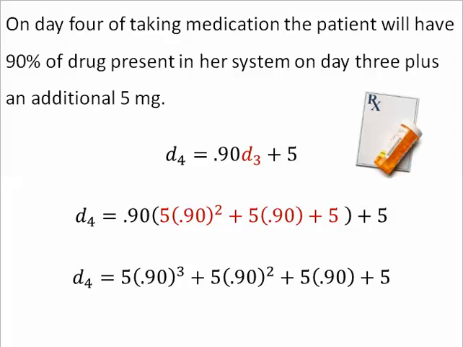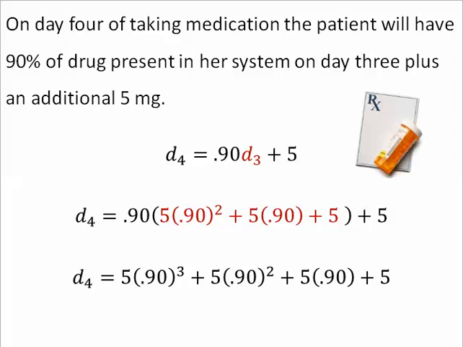D sub 4 is equal to 5 times 0.9 to the 3 plus 5 times 0.9 to the 2 plus 5 times 0.9 to the 1 plus 5 times 0.9 to the 0. So 0.9 to the 0 is equal to 1. I just want you to notice that pattern, because now we want to generalize.